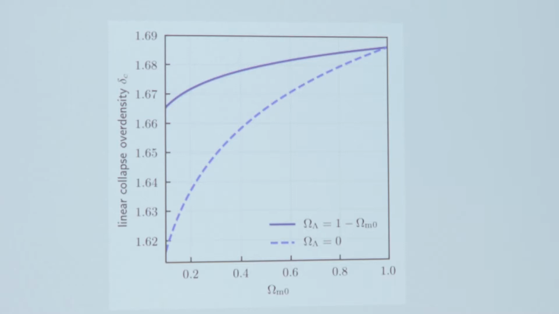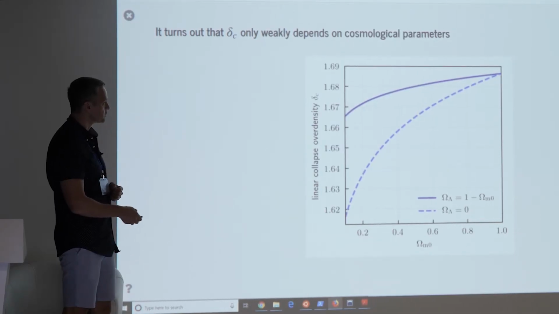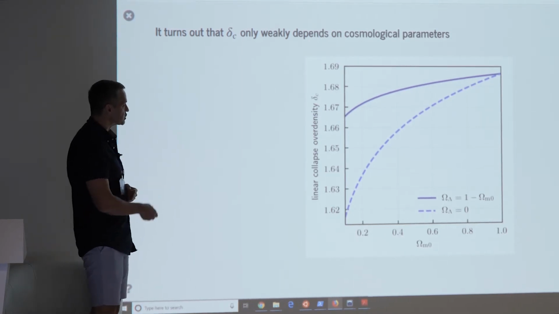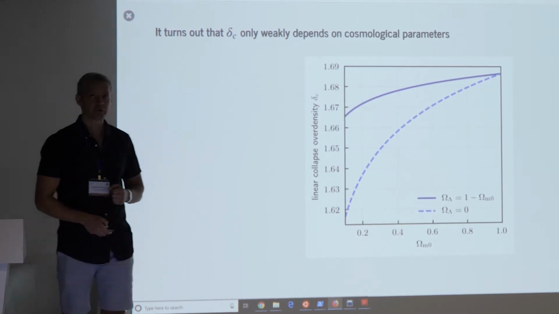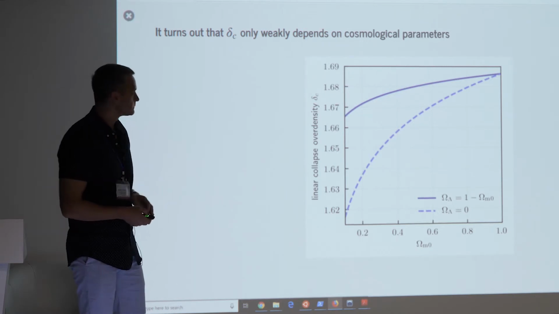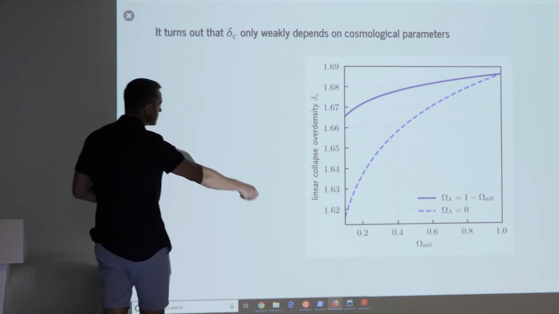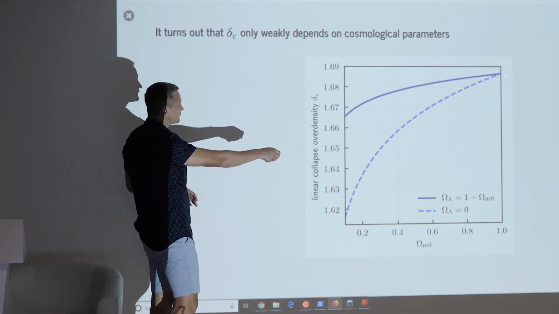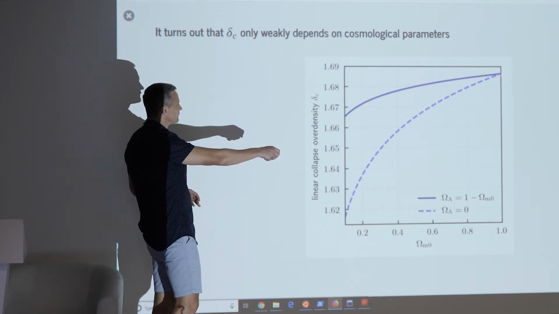Essentially we are resolving the spherical collapse model for different cosmological models and seeing at what extrapolated linear over density from the initial one the perturbation collapses. You can see that there is a trend for different cosmologies. But if we look at the range of values of this factor plotted here, it's very small. For omega-1 cosmology, it's about 1.68.